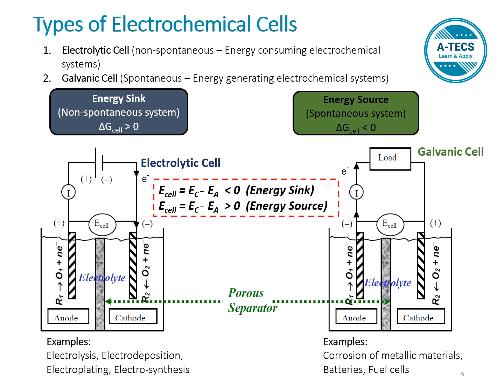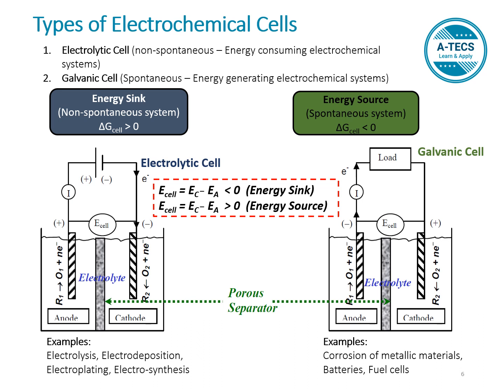In an energy sink, the cell potential, the potential difference between the positive and negative electrode, is always less than 0 because cell potential is measured by the difference of potential on the cathode and anode.